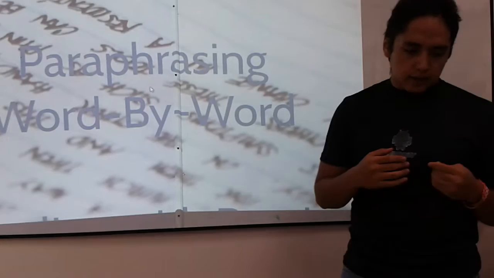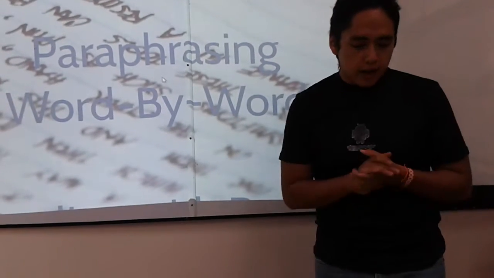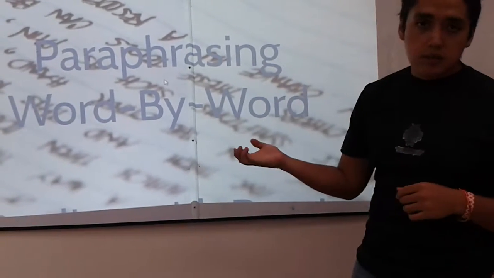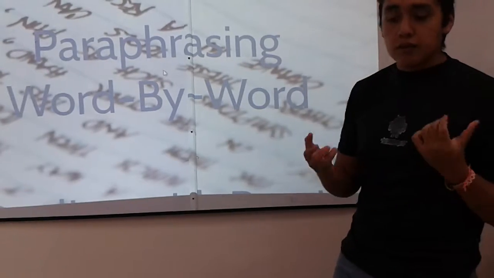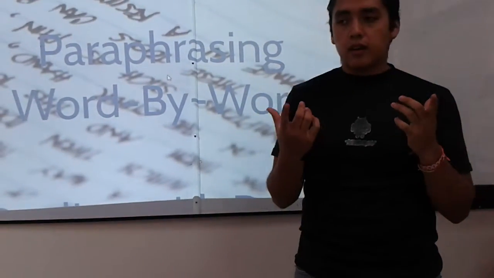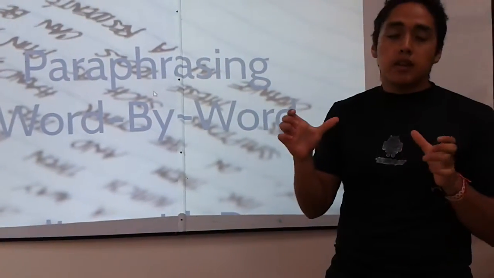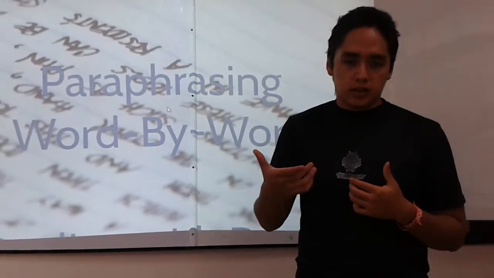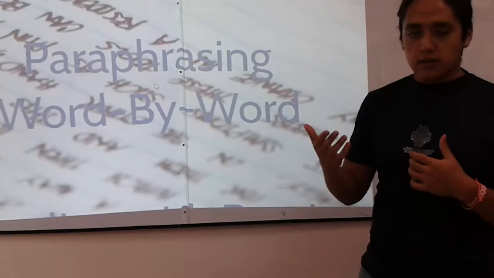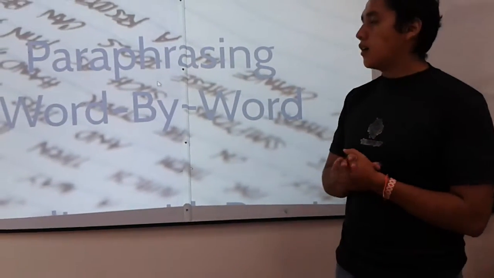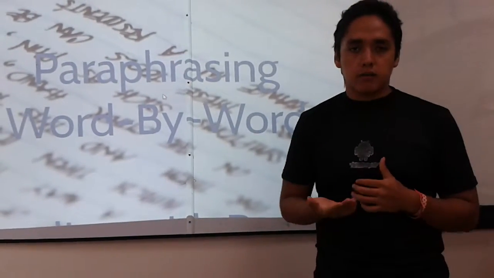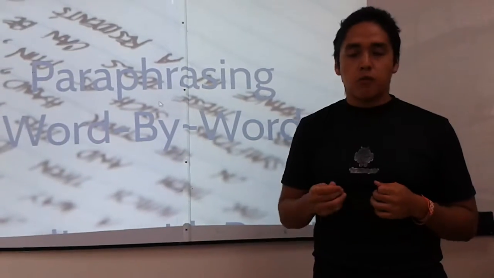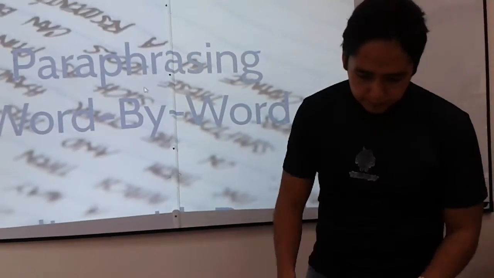We need to take care with the synonyms that we are using, because some synonyms we can never use in one context, but in another yes, and we have to take care with the grammar of the paragraph when we are changing word by word.